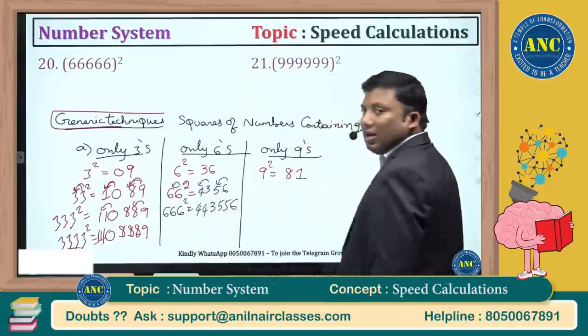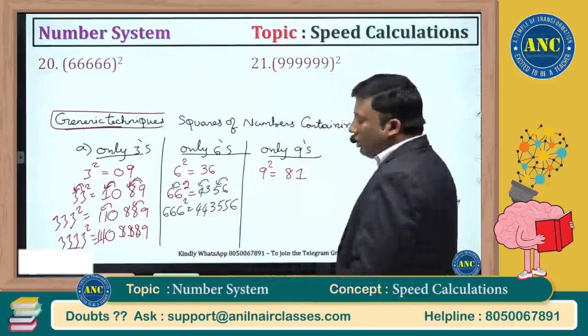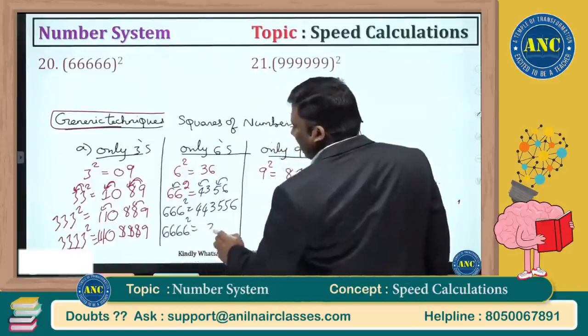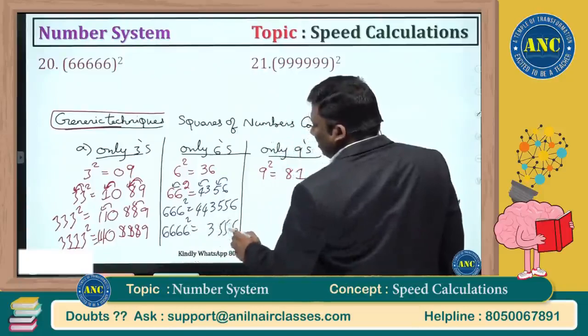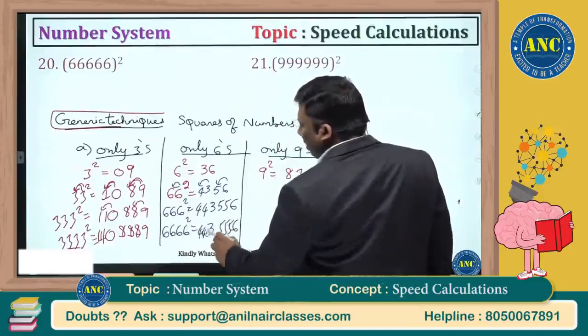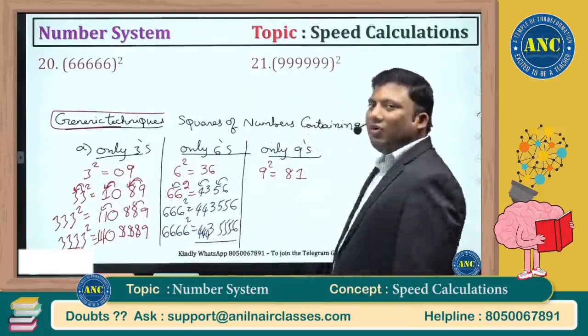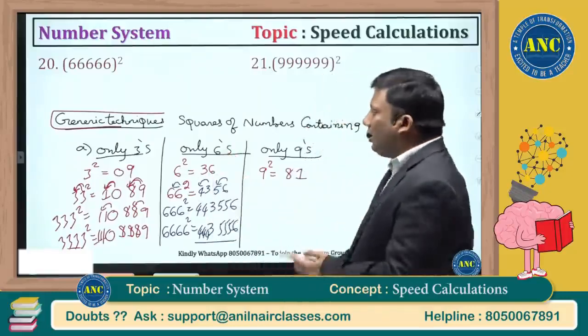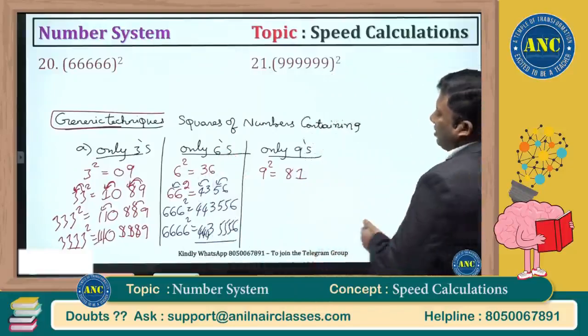I hope you understood the idea. Suppose it is four 6s whole square, what will be the answer? 36, with 1 less than 6 and 1 more than 3. Very interesting logic on how to find the squares of a number containing only 3, only 6, only 9.